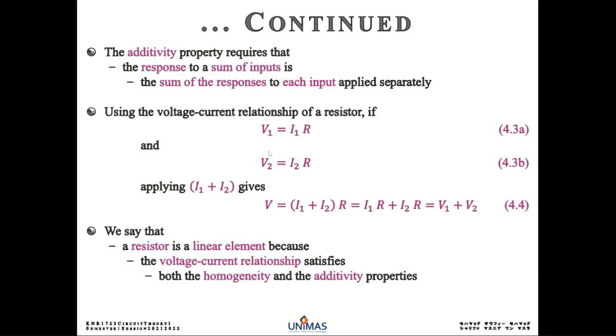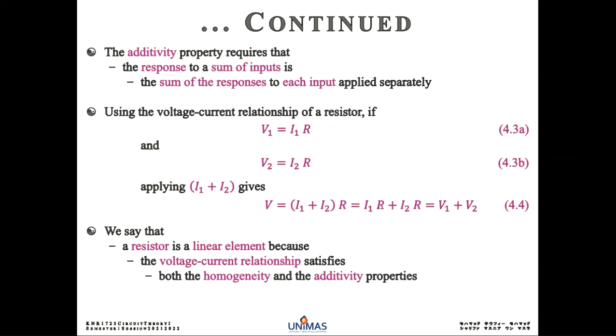Let's say you know that V1 is equal to I1 R, V2 is equal to I2 R. So it is the same value of resistance, only different values of voltage and current across that resistor. So the voltage will be, if you add it up, I1 plus I2 times R, that is I1 R plus I2 R, that is V1 plus V2. So the voltage is actually the sum of the two voltages caused by each of the currents.